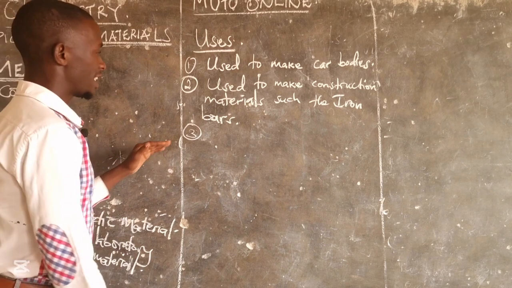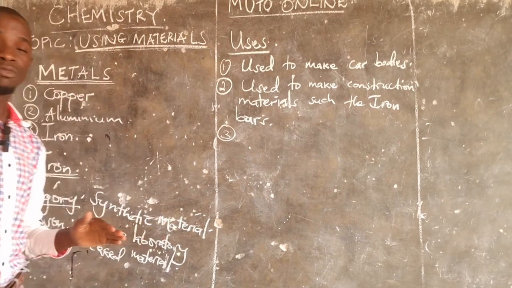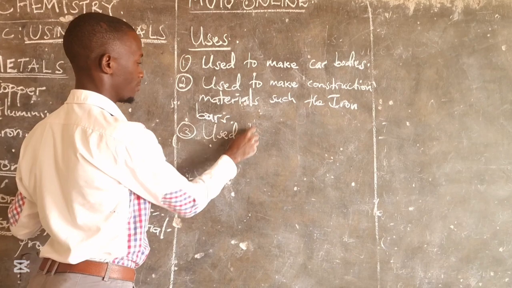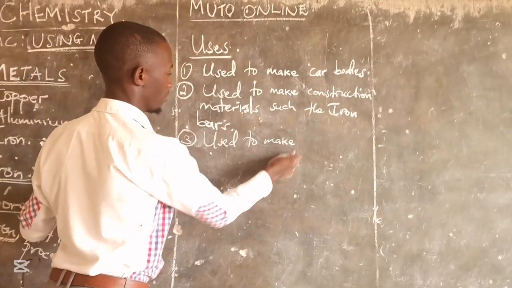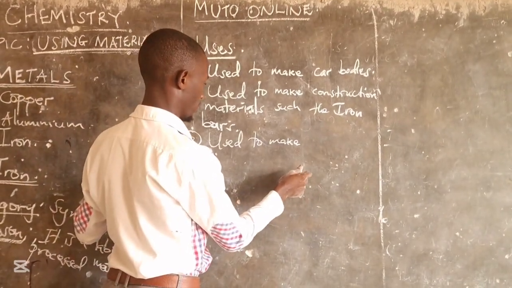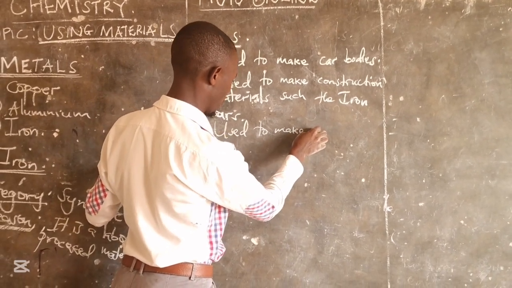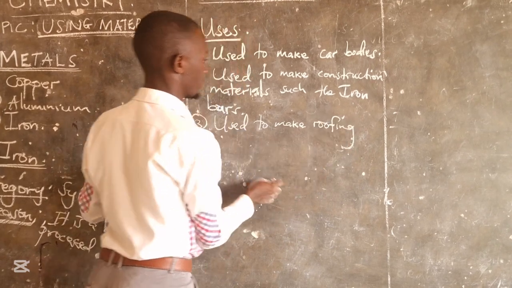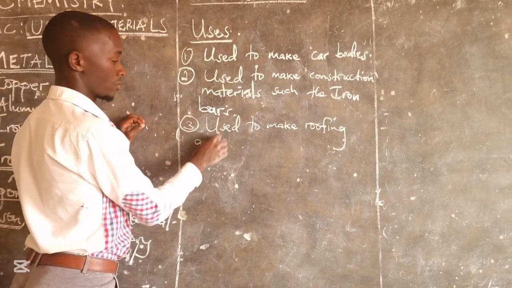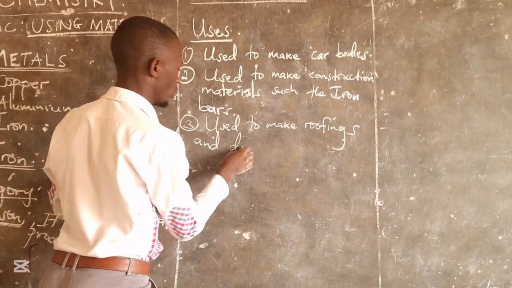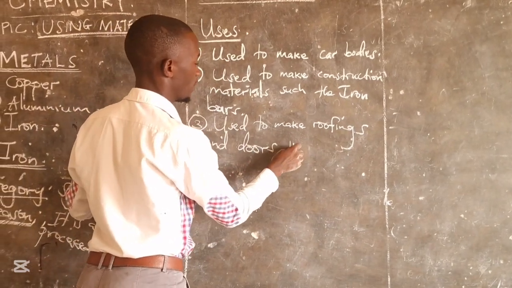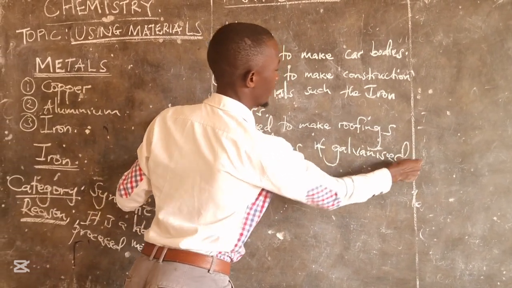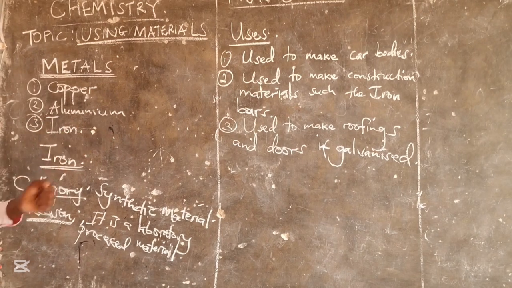There are properties that make iron a useful material. Before we continue with more uses, it is used to make roofing and doors, if galvanized, can be used to make those ones.